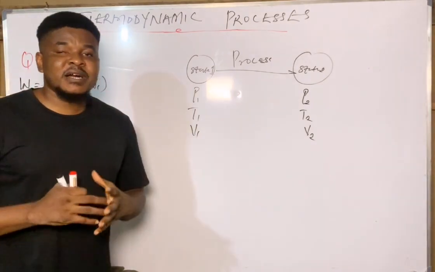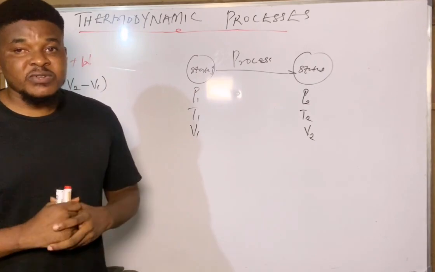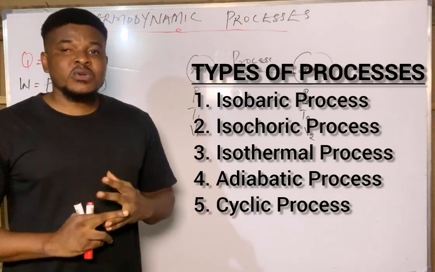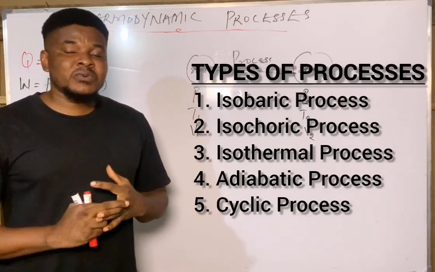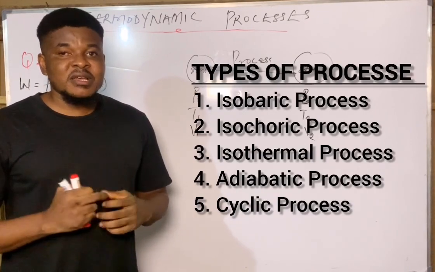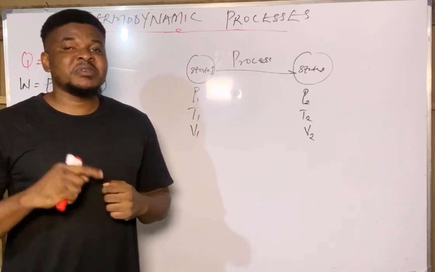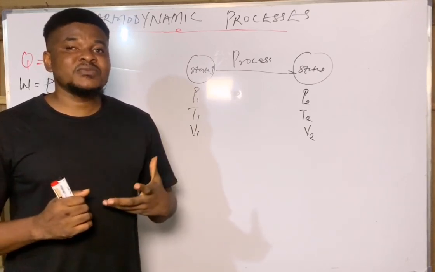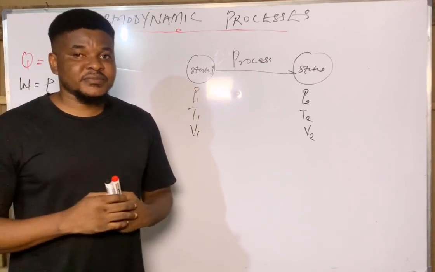Now, there are 5 basic types of processes in thermodynamics. We have the isobaric process, the isochoric process, the isothermal process, the adiabatic process, and the cyclic process. But in this video, we are going to be skipping the cyclic process and we'll talk about the other 4. So let's start with the isobaric process.